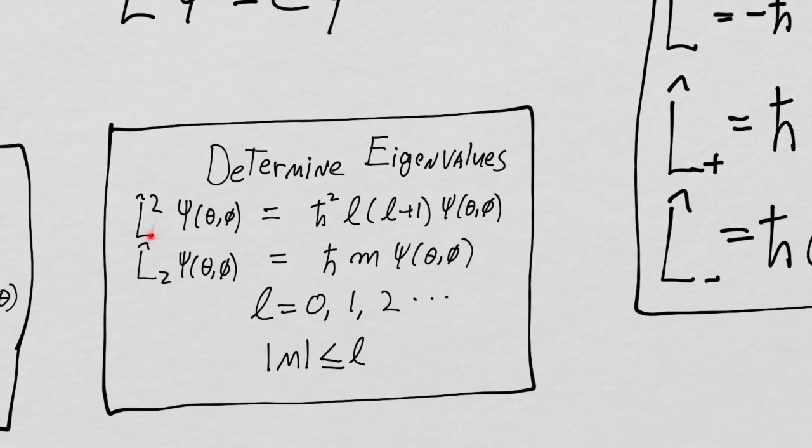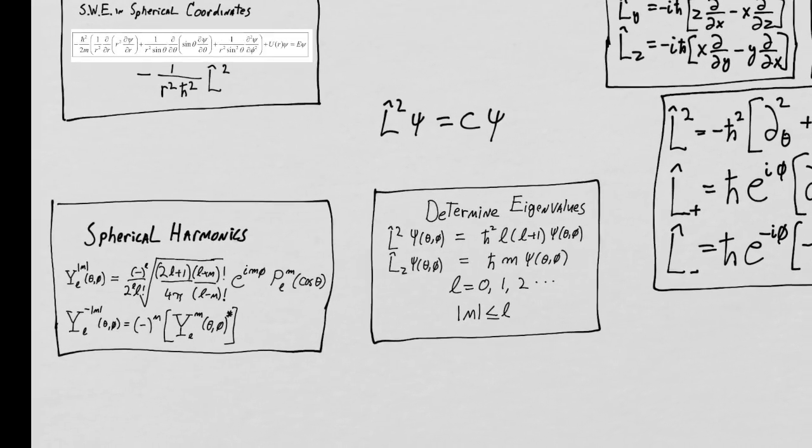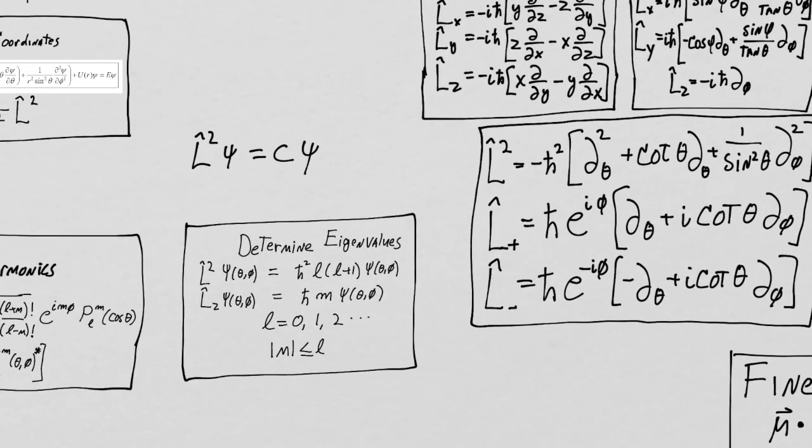Since they commute, they need to share the same eigenfunctions, which is the way I've written it down here. You learn that they actually share the same eigenfunctions. So the process then goes from here to here, like this, right?